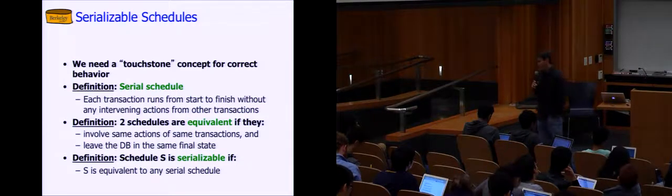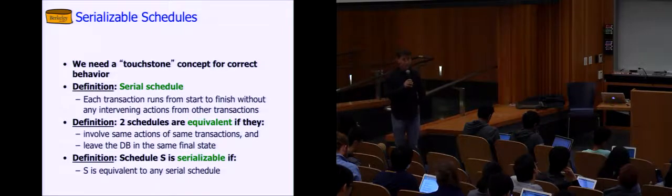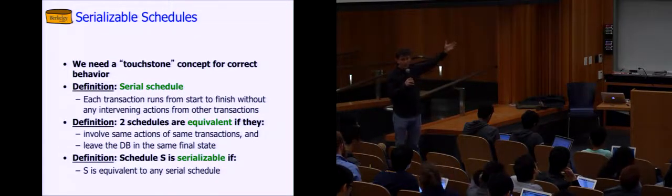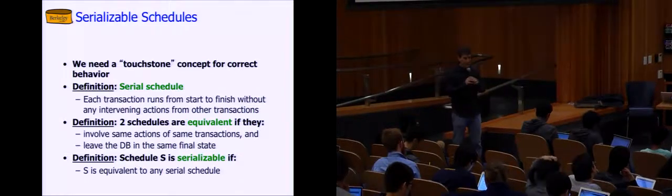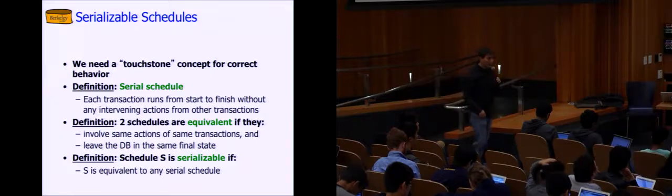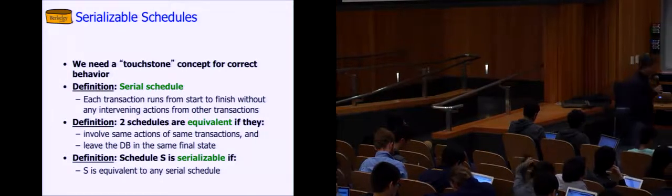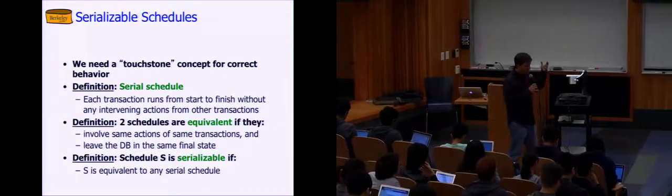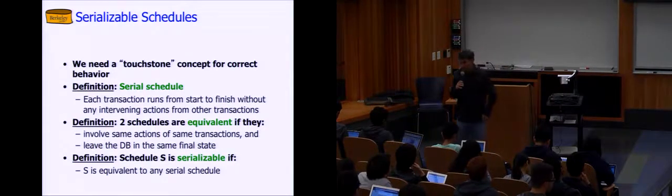However, if you want to model output, you can always write your output to a table before you send it to the screen. And then all this formalism will capture output as well. You don't really have to write your output to a table. You can just pretend you're writing it to a table and do your serializability analysis that way. Just imagine that any output or any real-world activity is captured as writes to the database, and then all our mechanisms will work.